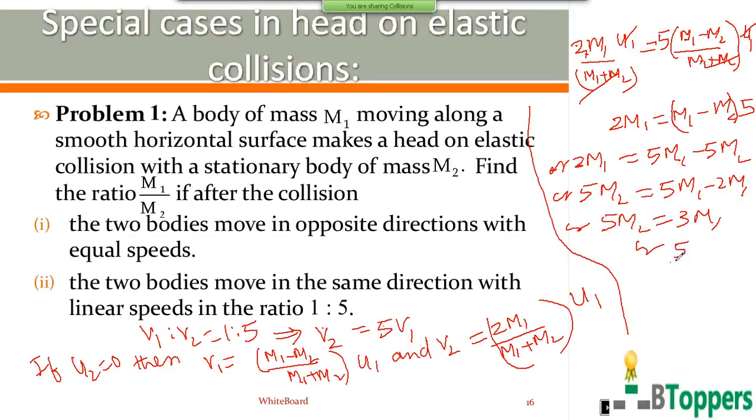So you get m1 by m2 equal to 5 by 3. You can also solve this problem by the alternate method.